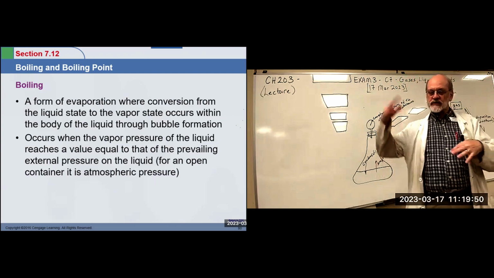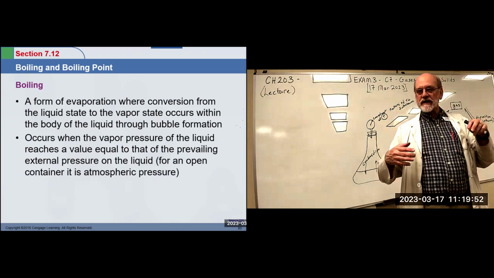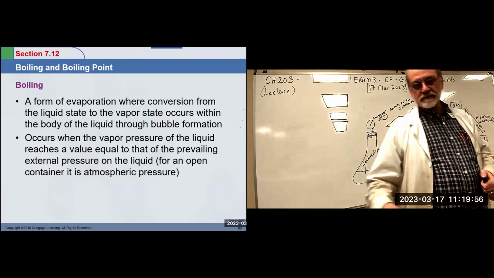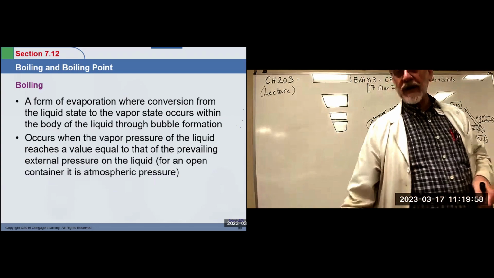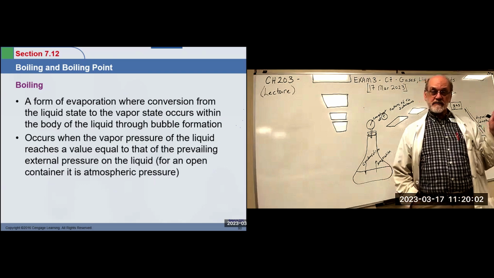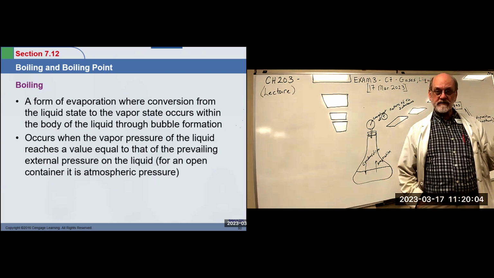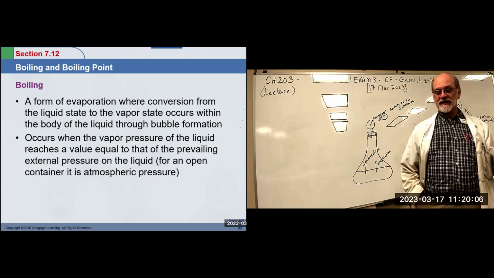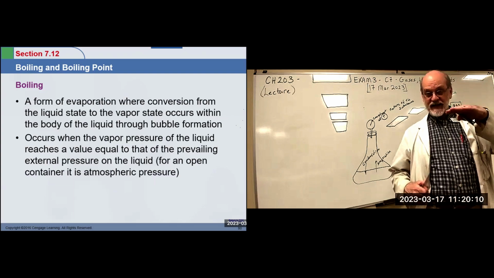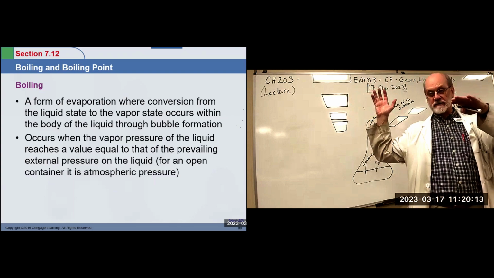So you decrease the external pressure and the liquid will boil at a lower temperature. That's why a 3-minute egg in Denver is probably 4 minutes or 4.5 minutes, because you can't get the water as hot. It'll boil and it'll stay at that temperature until all the water's gone.